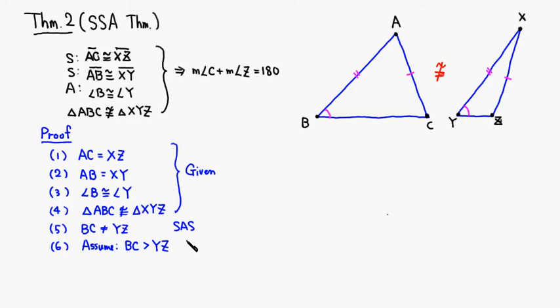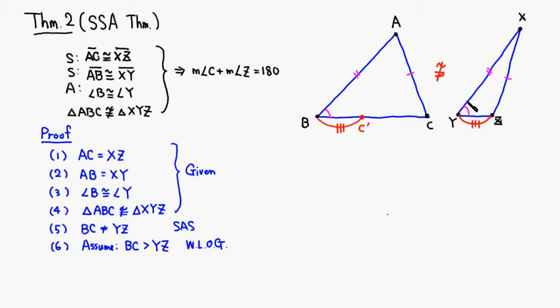This is without loss of generality, because one has to be larger, so we're going to assume BC is longer. Since BC is longer, we can always construct, say, C prime, maybe around here, so that the length here matches this one right here.